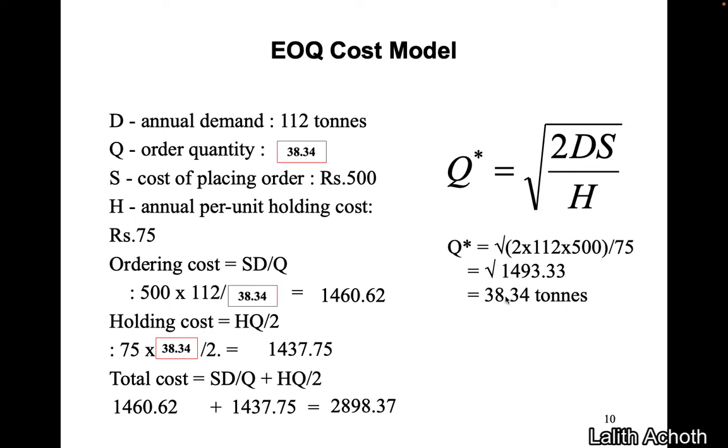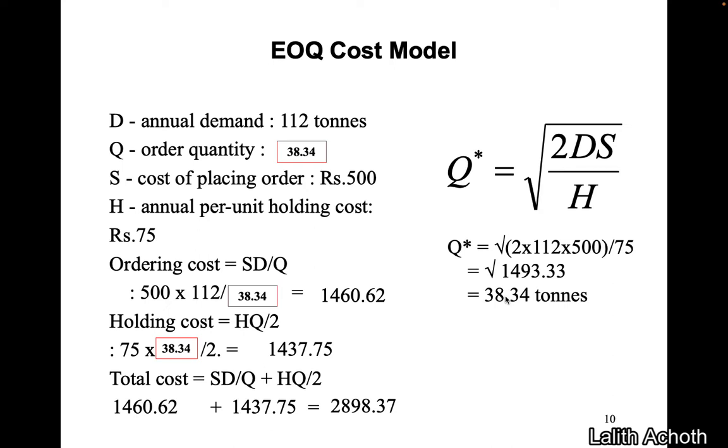That gives me 375. So 375 plus 5,600 gives you 5,900. So ordering in small quantities or ordering in larger quantities than the economic order quantity can only increase your total cost of holding the inventory. So it makes a lot of sense to use the economic order quantity to decide what should be the optimum.